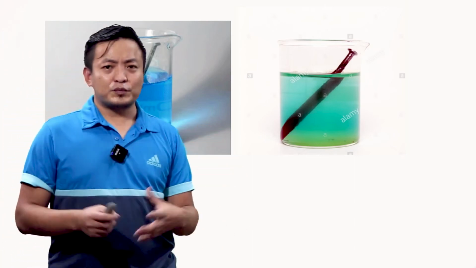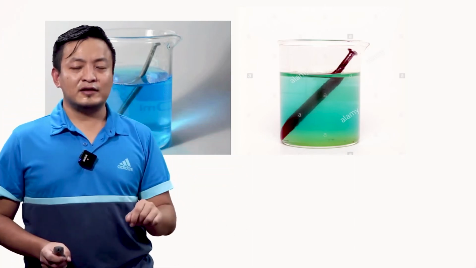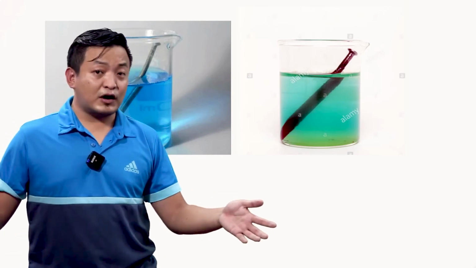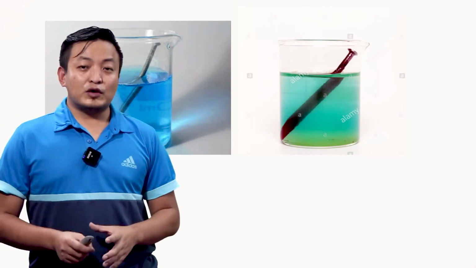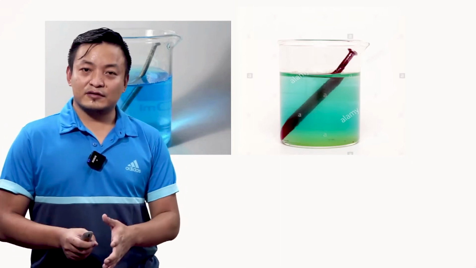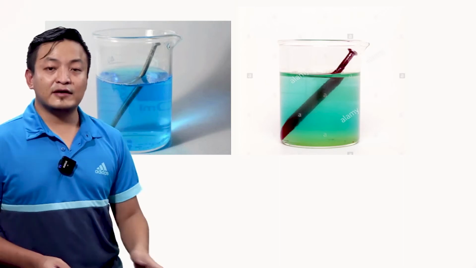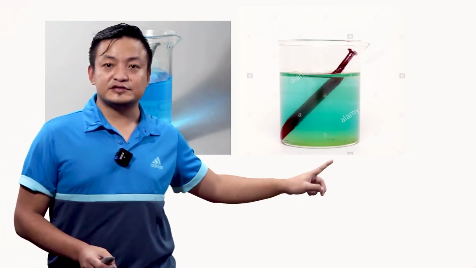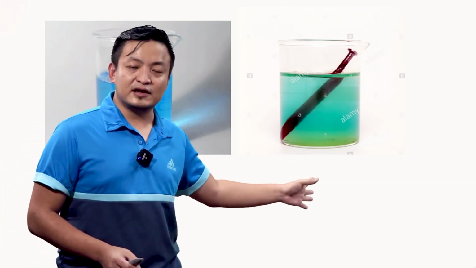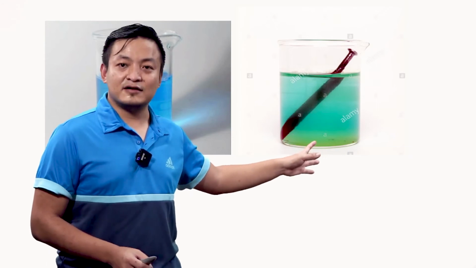okay? So copper sulfate is blue in color, right? So when you put an iron nail, and after half an hour, we will see what changes occur, okay? So after half an hour, we see that the copper sulfate solution, which was blue in color, has changed to green in color, okay? It has changed its color.